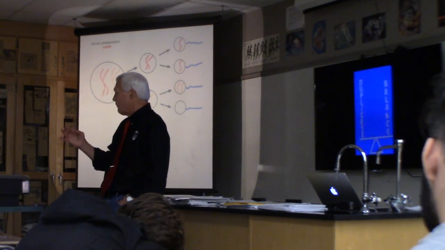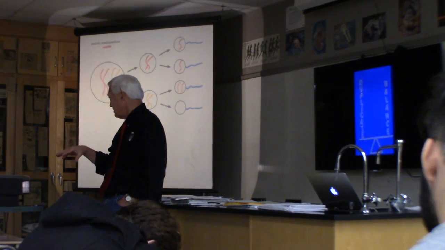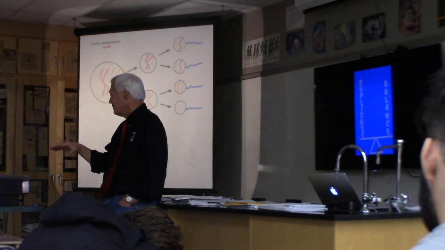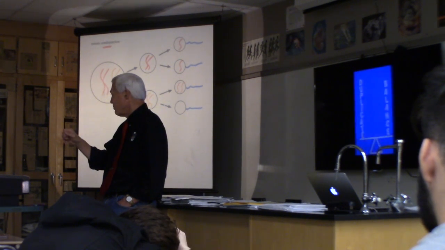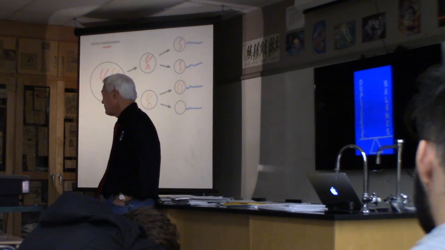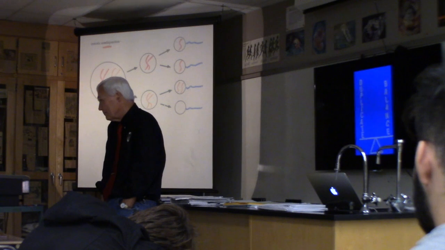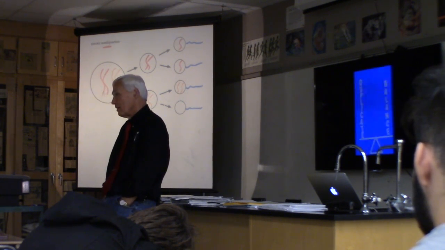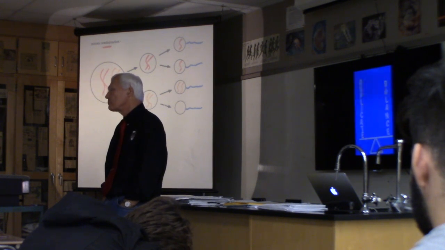If there was some way you could scan it without destroying it and see that it has three 21s, and inactivate the extra chromosome 21, then that embryo would be okay. So in the future it may be possible. Not today.